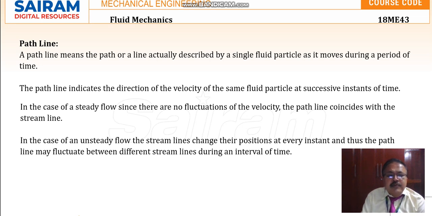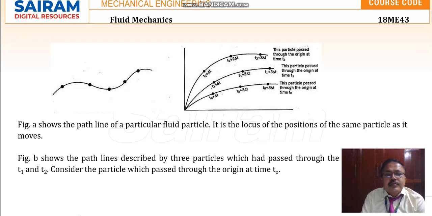So the path line will fluctuate between different streamlines in different intervals of time. Here the first figure shows the path of a particular fluid particle. It is the locus, meaning tracing the positions of the same particle as it moves in different time intervals.